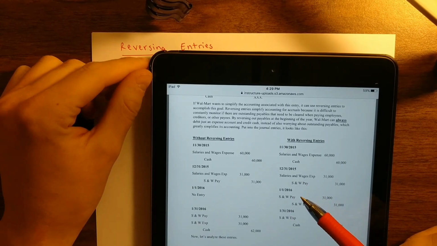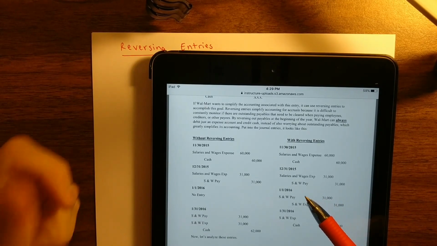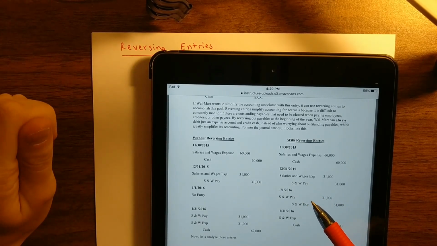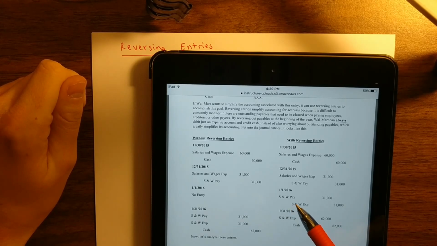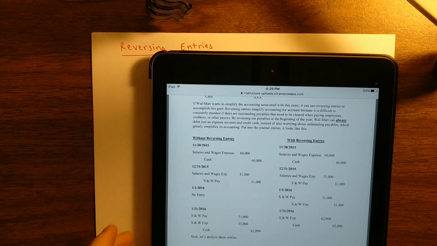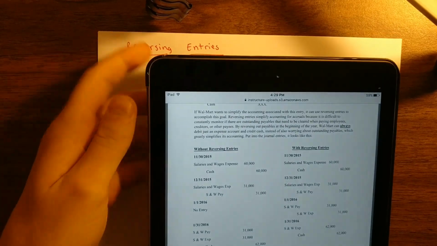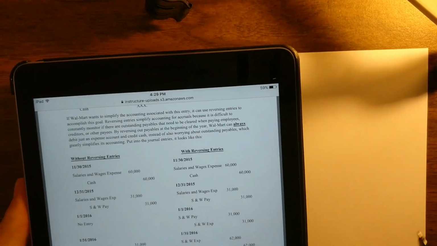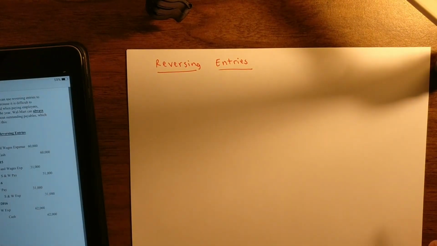So on the first day of the next period, 1/1 of 2016, we reverse out the payable, and then we make the expense account go negative. What do I mean when I say that? I explain it at the bottom, in the text that follows those journal entries.